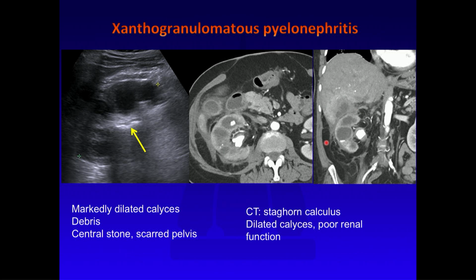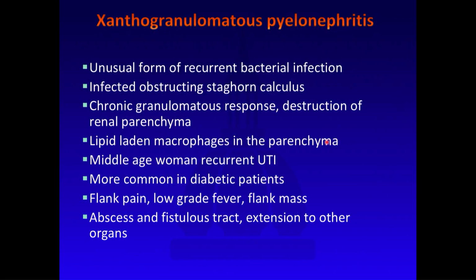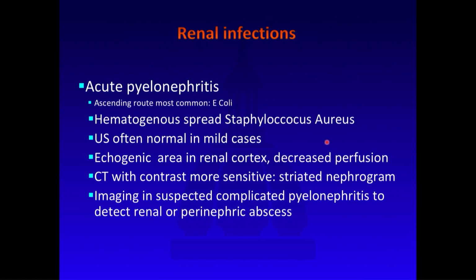So, we saw this morning that it can spread from the kidney out. So we talked about it, so I'm not going to repeat what Dr. Fishman said. And so if you're dealing with renal infection, now if you suspect pyelonephritis, either it's a simple case and you don't need any imaging, or you go to CT.